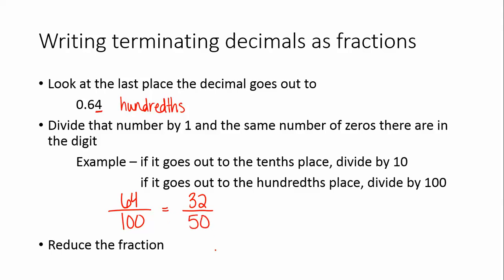But you actually can go another step further. 32 and 50 are also both even. We can divide both of those numbers by 2 as well. 32 divided by 2 is 16. 50 divided by 2 is 25. So 0.64, the original decimal, the terminating decimal, can be written as a fraction, 16 over 25.